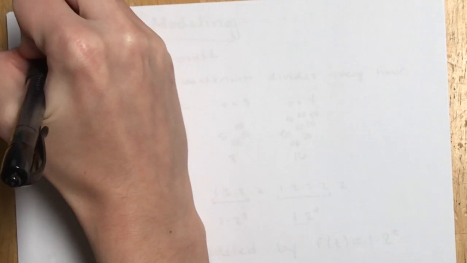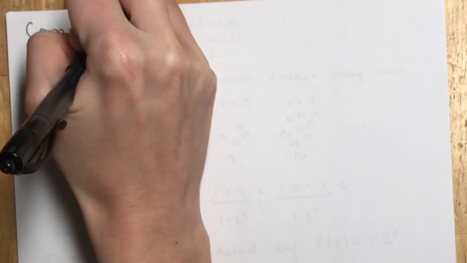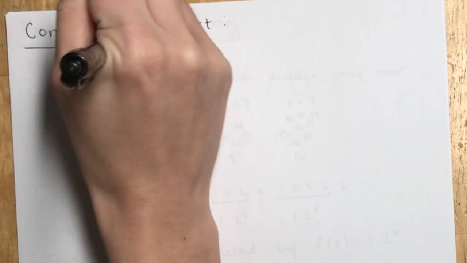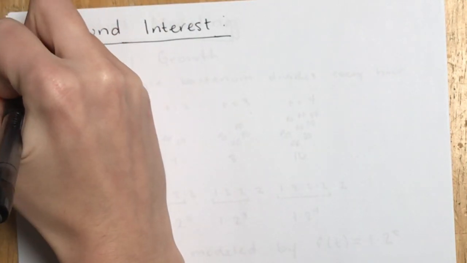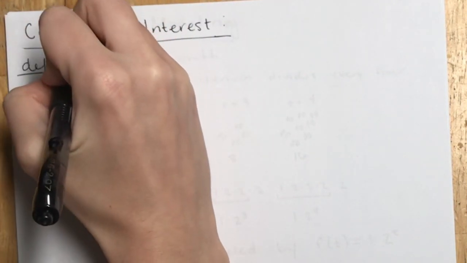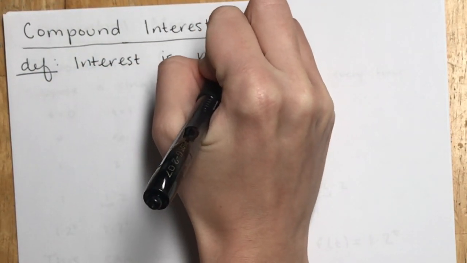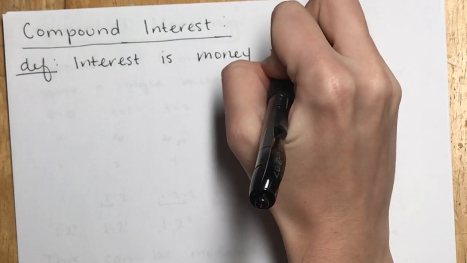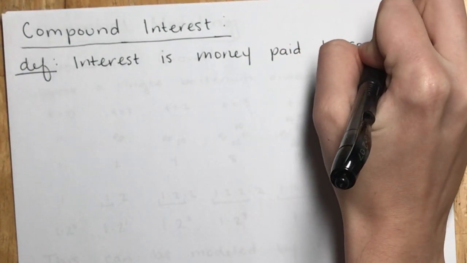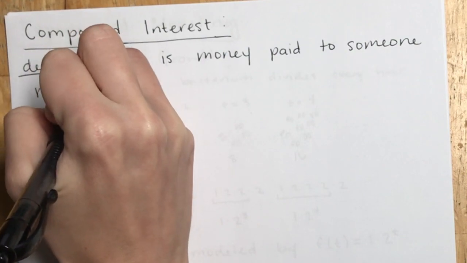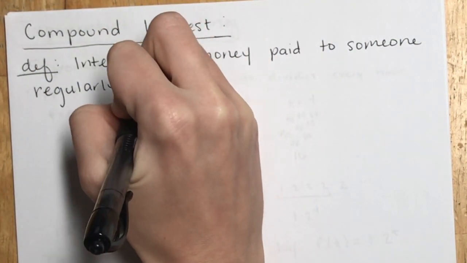Now let's talk a little bit about compound interest. This is another type of exponential growth, and it specifically has to do with money. So, definition, interest is money paid to someone regularly for lending you money.